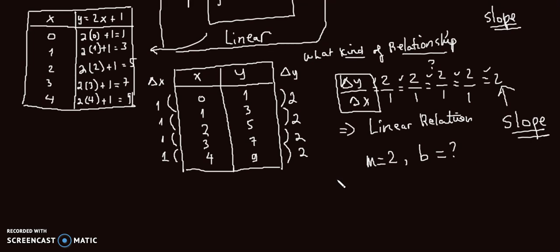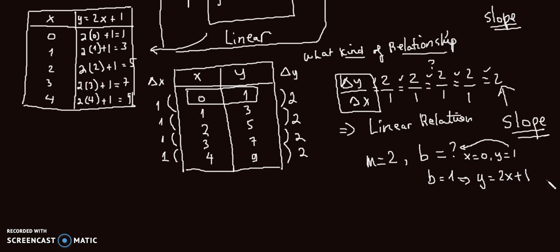One way is that y-intercept is when x equals 0. In this case, x equals 0, y equals 1. So my y-intercept is 1, so b equals 1. Alright, so my equation will be y equals 2x plus 1.